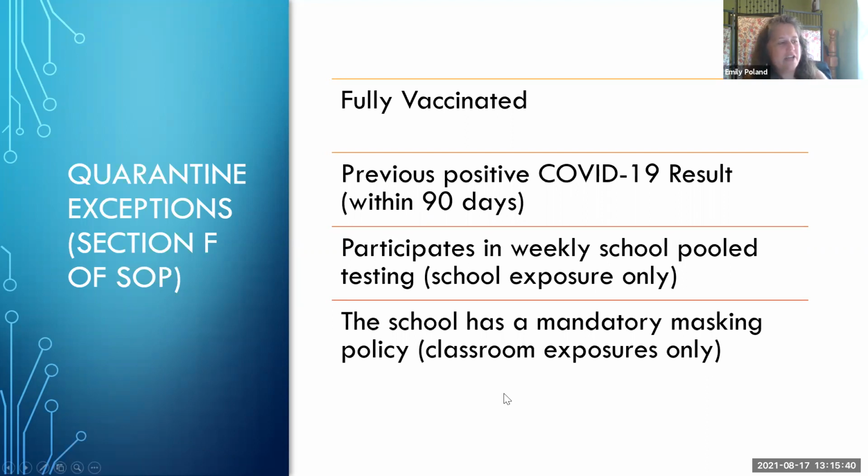And we'll get to the details of that in just a second. The 4th exception is that the school has a mandatory masking policy, and that is about quarantine, classroom exposures only. So exposures that happen in the classroom setting. Exposures due to busing, exposures due to the cafeteria, that doesn't apply here.